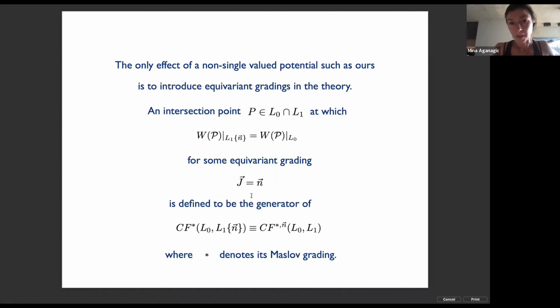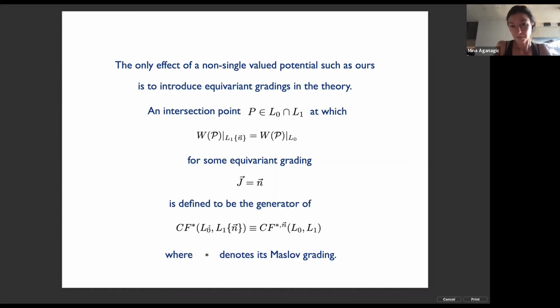So, for example, an intersection point of a pair of Lagrangians at which the W's on L and L1 agree for some choice of grading N of L1 has equivariant grading N. And it's defined to be the generator of the Floer complex between L0 and L1 in degree N.